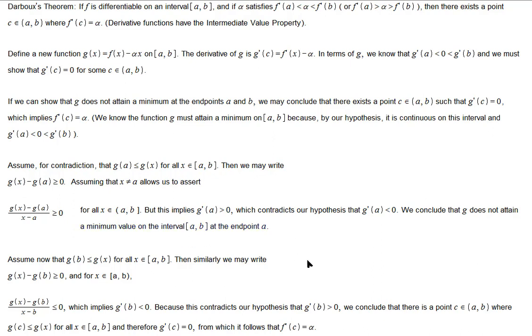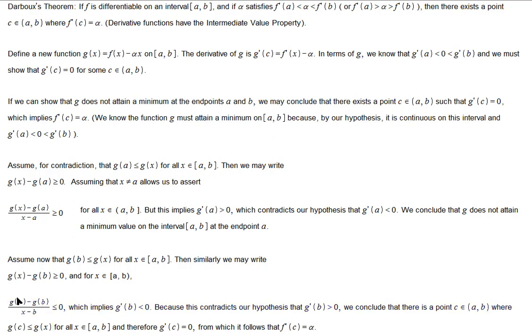Now we basically just have to repeat the same argument for the other endpoint. So assume now that g of b is less than or equal to g of x for all x in the closed interval from a to b. So g of b is a minimum value of function g. And then similarly we may write g of x minus g of b is greater than or equal to 0, for x in the same interval without including b, because we want to divide by x minus b on both sides of this inequality, and we can't do that if what we are dividing by is 0.